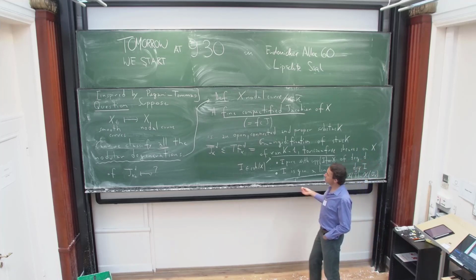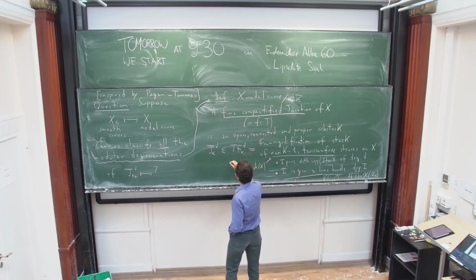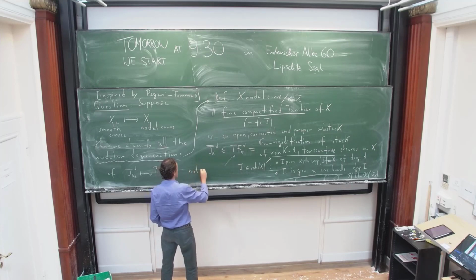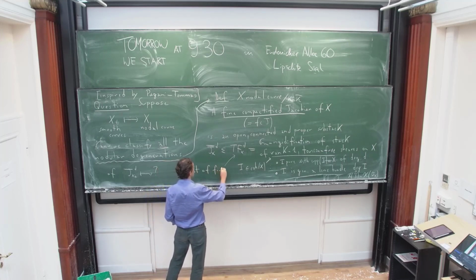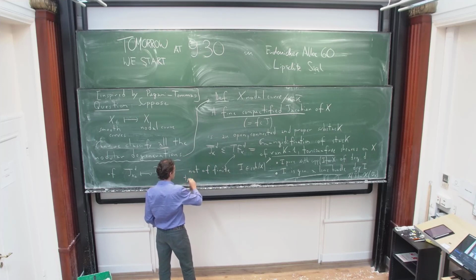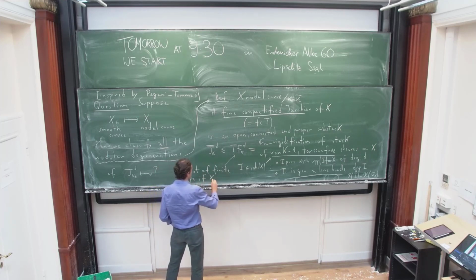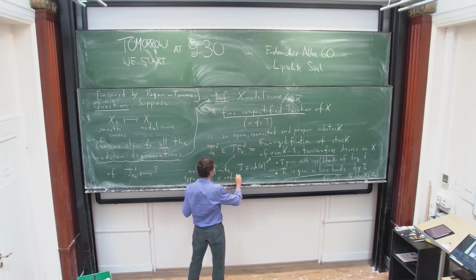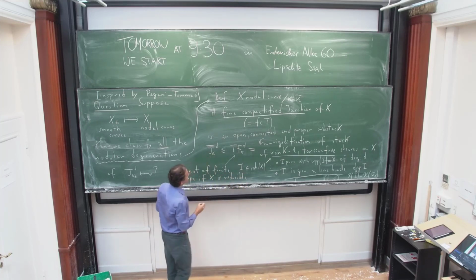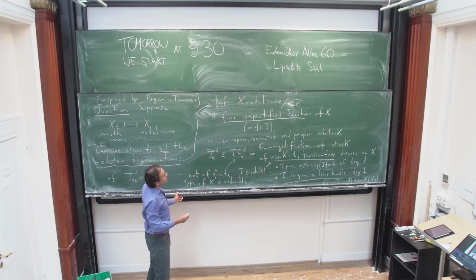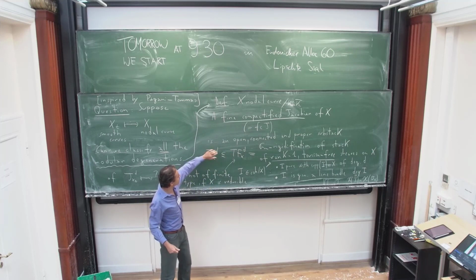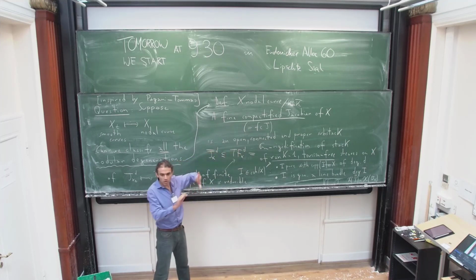This stack is huge, so it's not of finite type, nor separated if X is reducible. Okay, one step back. If X is irreducible, then this stack is already proper. So then the unique fine compactified Jacobian is the entire stack, and the problem is trivial.